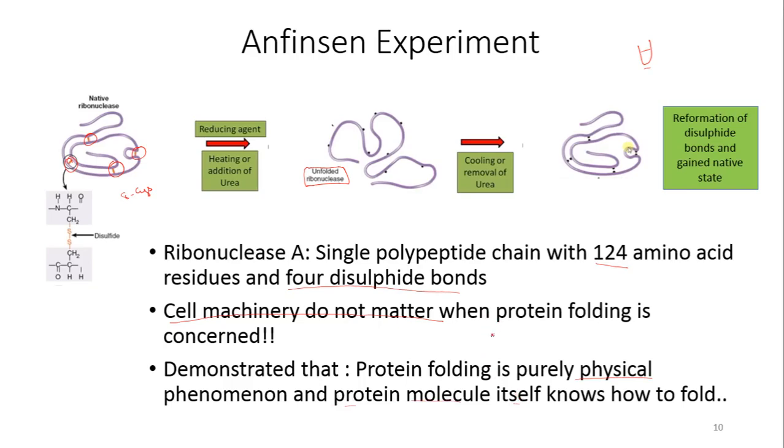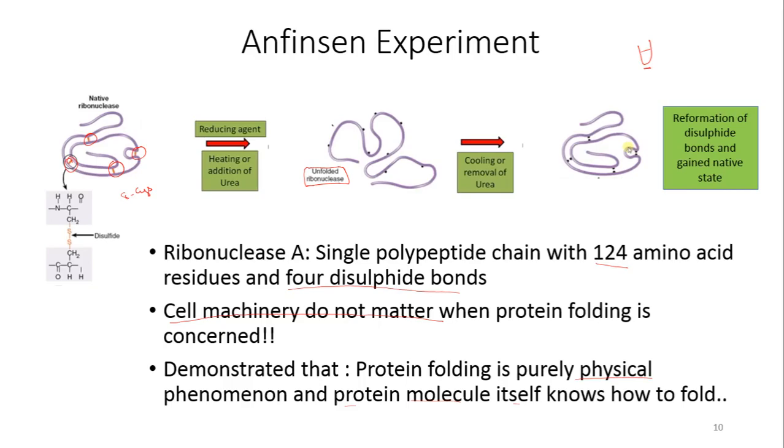Okay, if the protein folding was dependent on, say, some cellular machinery, then it would not have regained the functional state when we perform this experiment in the test tube, where there were no cellular machineries present around that protein molecule. Okay, so that is what we want to infer from this Anfinsen experiment.